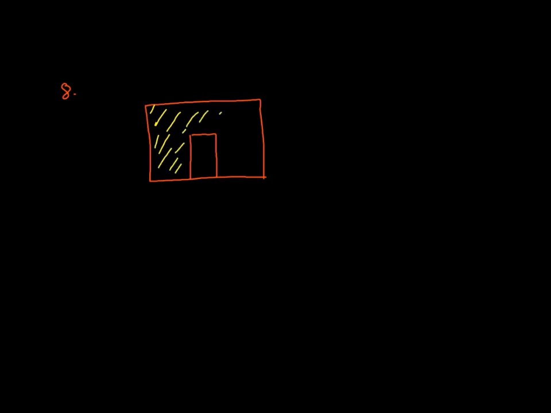Now this much area will be whitewashed, the shaded one. Now how to find this shaded area? For this we will find the area of the wall including the door, and from that we will subtract the area of the door. So both this wall and the door are rectangular, so we can very easily find out their areas.